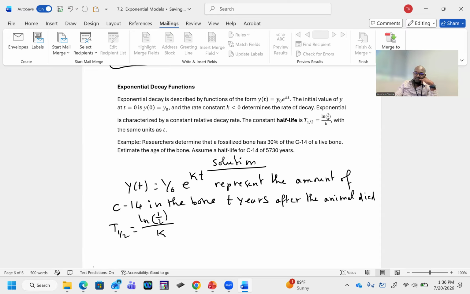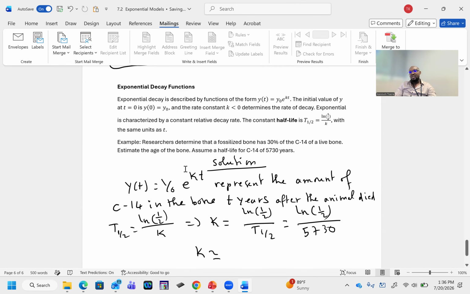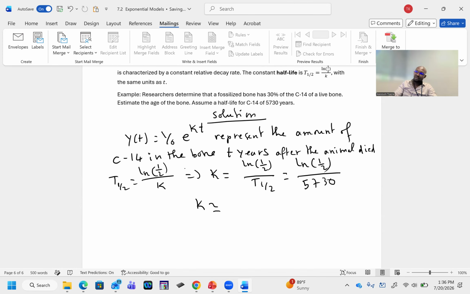We can see k would be equal to ln of 1/2 divided by t half, which would be ln of 1/2 divided by 5,730. So from there, we can see our k is approximately what? Use your calculator. We are talking about decay, so you need to know your k has to give you a negative number, which is negative 0.000121.